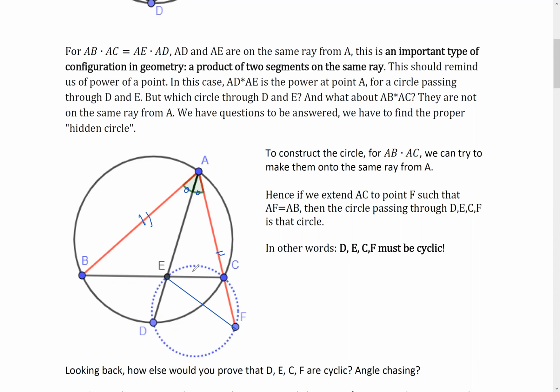This angle equals this angle. AE is a common leg that's shared. So this triangle is congruent to this one, SAS. And so this angle equals this angle.